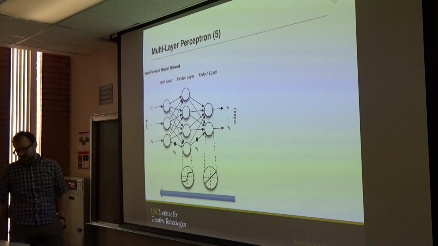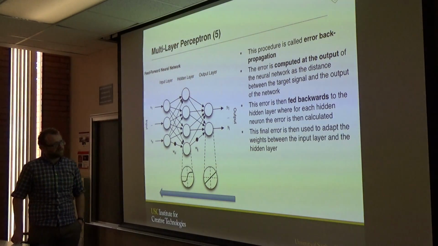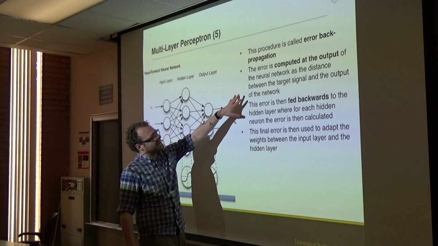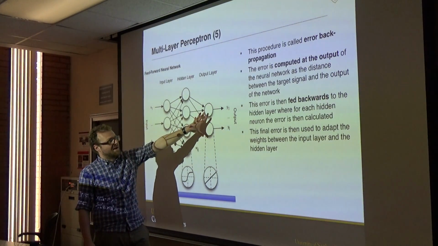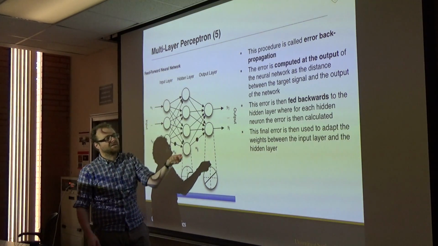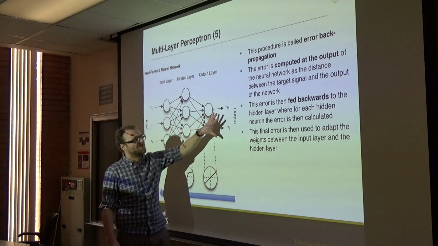So this is the error backpropagation method, and this just sums up again what's happening. The error is computed at the output of the neural network as a distance between the target signal and the output of the network, and the error is fed back through the hidden layer.